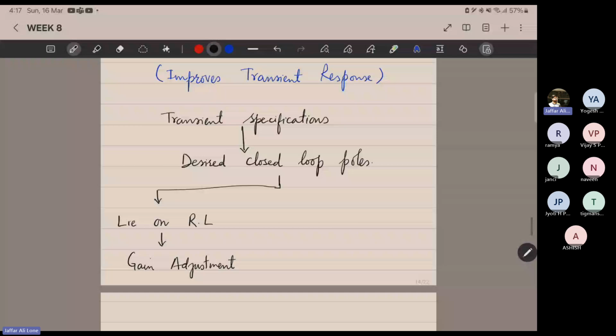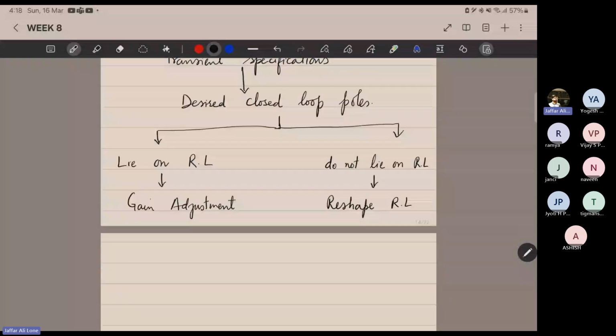But if my desired pole does not lie on the root locus, you have to reshape the root locus such that your desired pole comes on the root locus, because then the transient specifications are met, right?